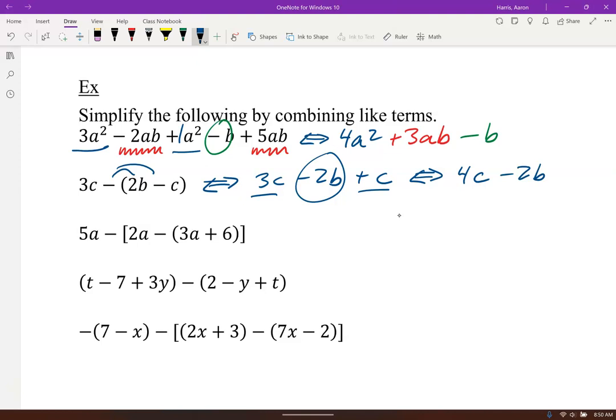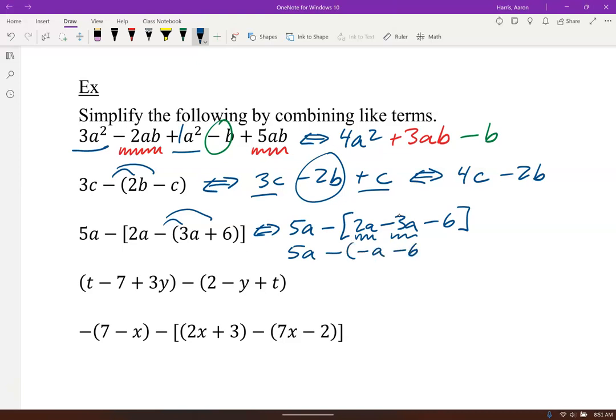Okay, here I would distribute this first in the bracket. I would clean up in there. So this is 5a minus 2a minus 3a. Negative times a positive 6 is minus 6. I would keep going inside the parentheses here. So 2a minus 3a. I'm going to change these to parentheses now. 2a minus 3a is a negative 1a.